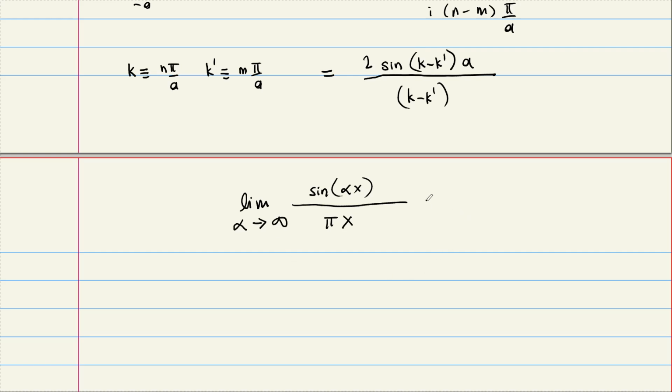You can look at your books, and this is going to be delta of x. And this means this object, I have a 2 here and a missing pi, will go to 2 pi delta of k minus k prime.